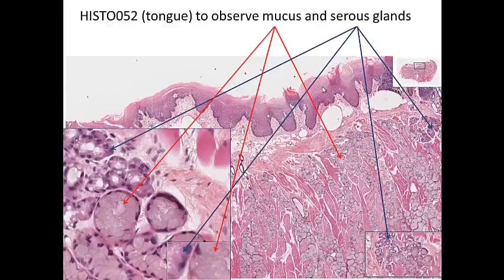In the tongue, we have stratified squamous epithelium, but also you have glands. And some of those glands are mucus. Here is one cell of a mucus gland. It's got this light mucus that you see, with a flattened nucleus, as opposed to a serous gland, which is more red, and the nucleus is more spherical, not flattened at the base, because this is serous or more proteinaceous, as opposed to a more mucus type secretion.